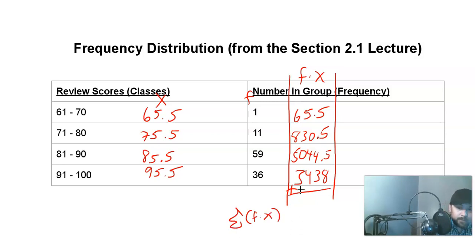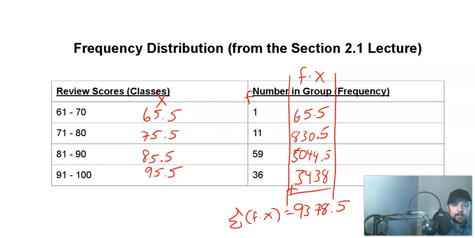All right, so we have 3438 plus 5044.5 plus 830.5 plus 65.5. And that's going to give me 9,378.5. Right, just like we got before.